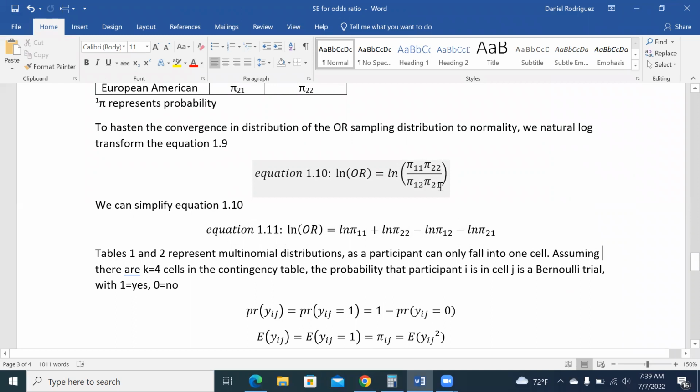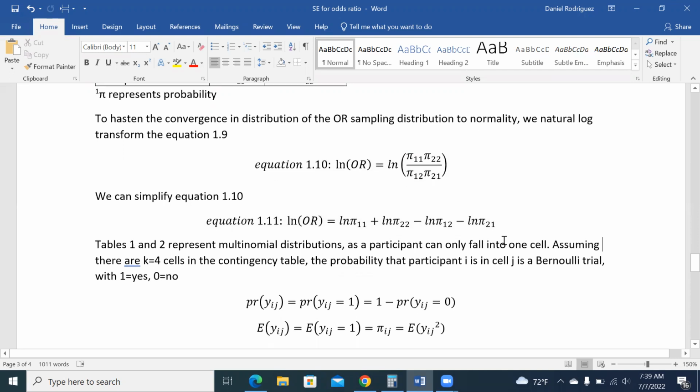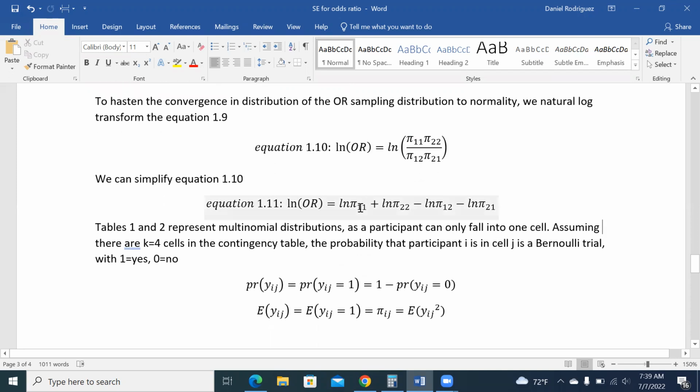We can simplify that even further, because this product can be converted from ln pi 1 1 times ln pi 2 2 to ln pi 1 1 plus ln pi 2 2, and then we subtract the denominator, so it's minus ln pi 1 2 minus ln pi 2 1. We will need this in a second, because we need to take the derivative of whatever that theta, in this case theta is pi, with respect to each of these terms, right?